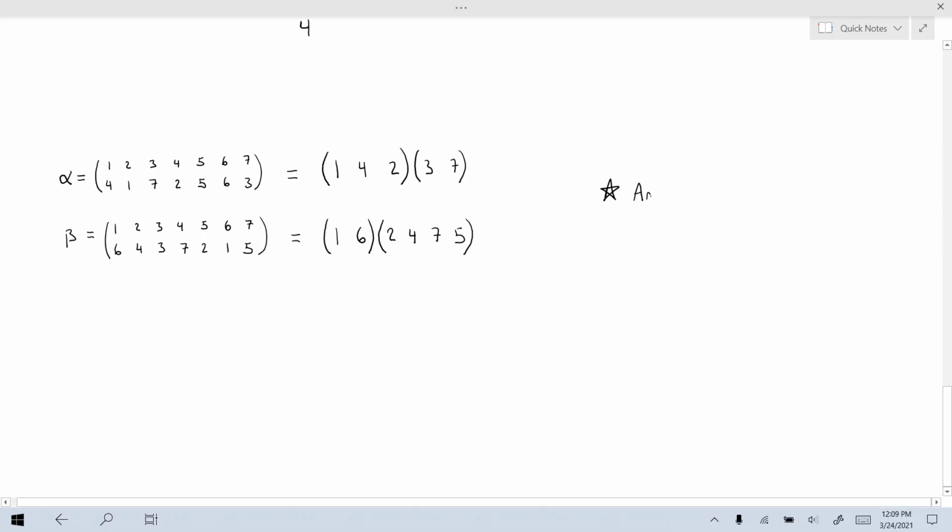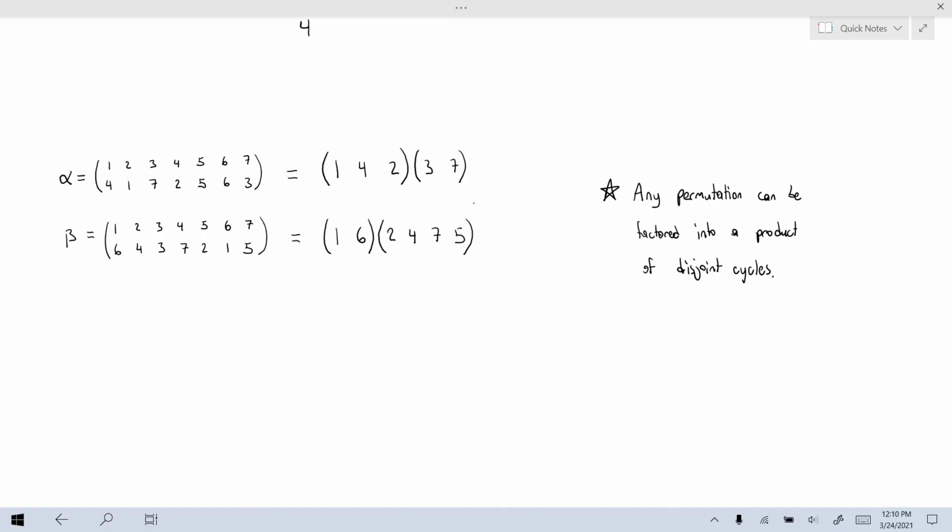So any permutation can be factored into a product of disjoint cycles. Okay? Just do what I did in these two examples to any other permutation, and you will factor it into a product of disjoint cycles, okay?